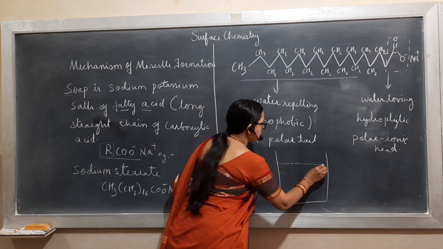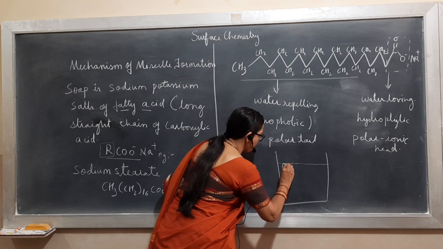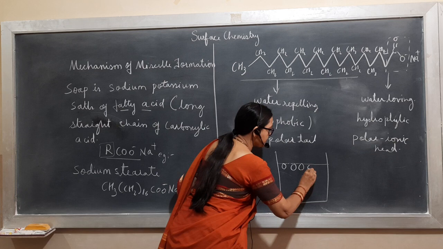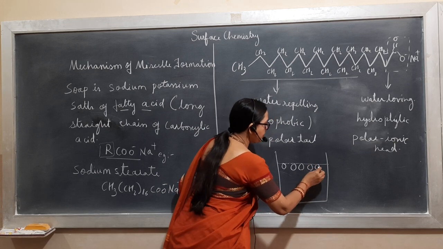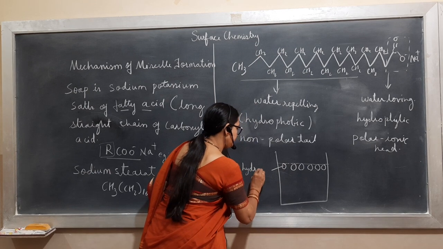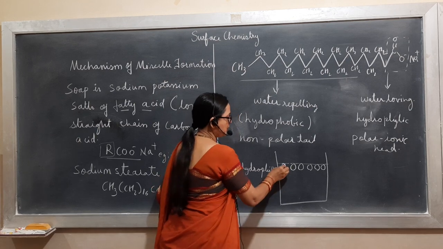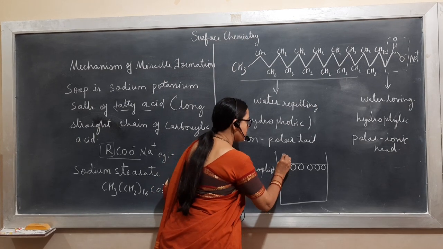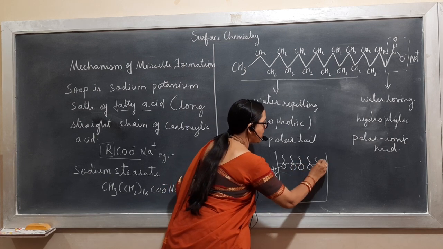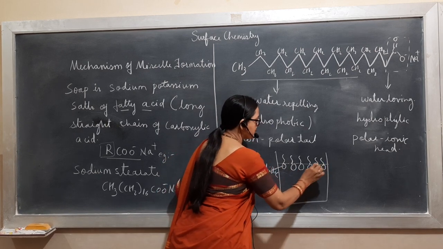In the water, all the polar ionic heads, the hydrophilic ends, are inside the water because they are attracted towards the water, whereas all the hydrophobic ends, called non-polar tails, are above the surface of the water because they are repellent of water, they want to stay away from the water.